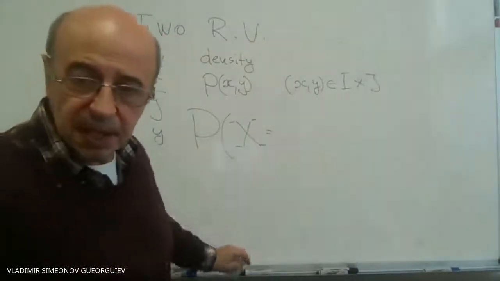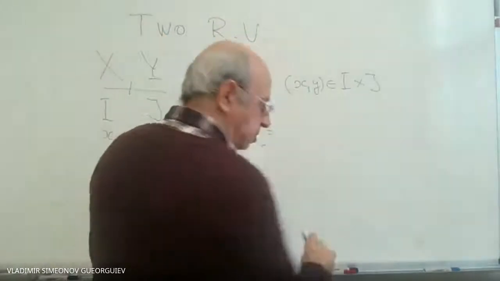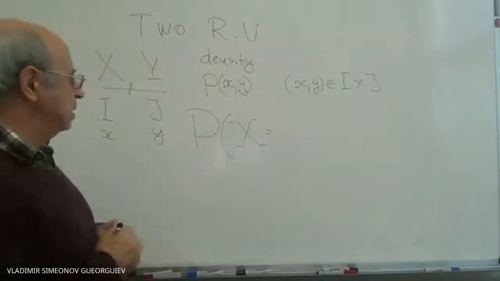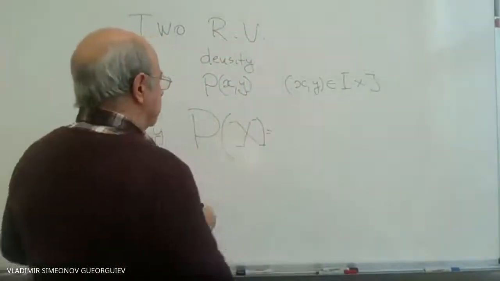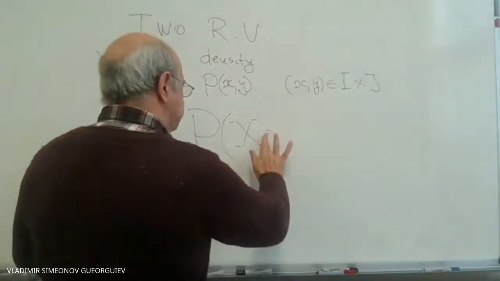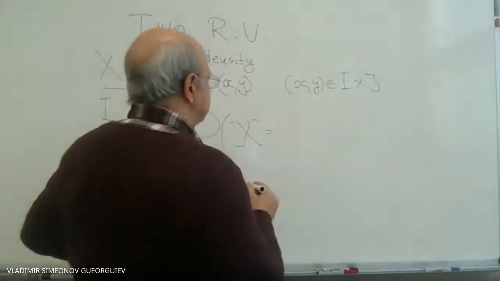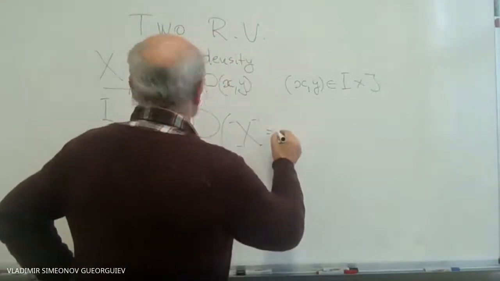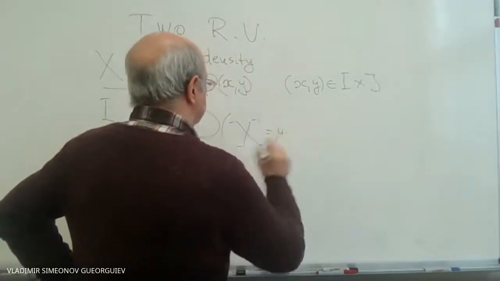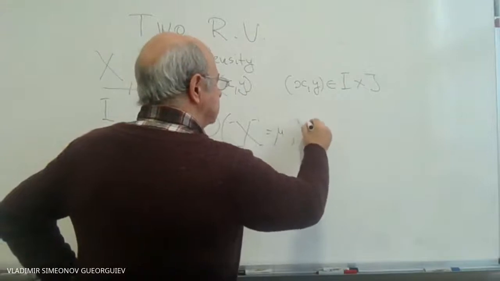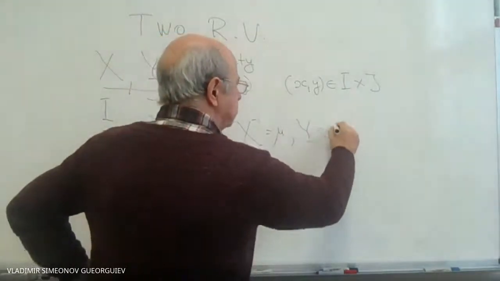We can take now, after a while we shall make a small break, the first event: x to be, for example, mu, and epsilon to be nu.